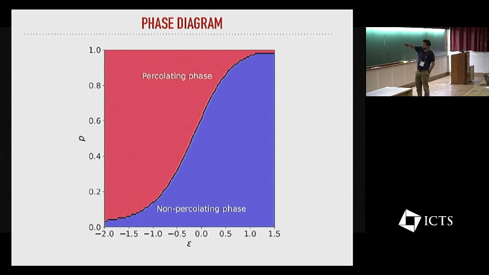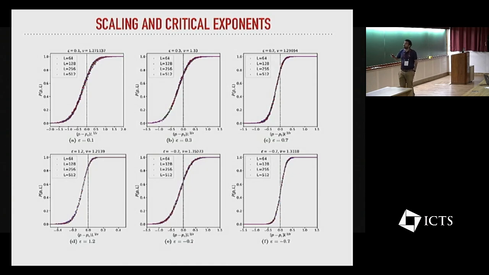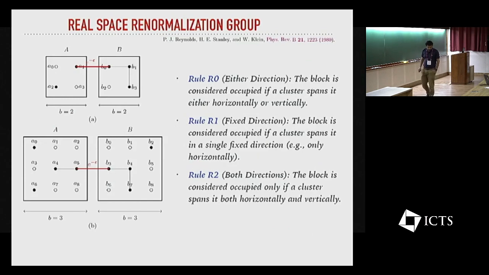When you have low p, high energy and high p, you get a non-percolating phase, whereas in this region you get a percolating phase, and you can see that E equal to 0 is the classical site percolation transition at 0.59. You can then look at the scaling and the critical exponents with different energies, which we have done, and you can see that there's a small variation in these exponents, which we can then try to explain using different renormalization group techniques.